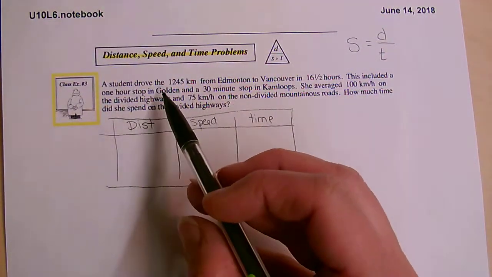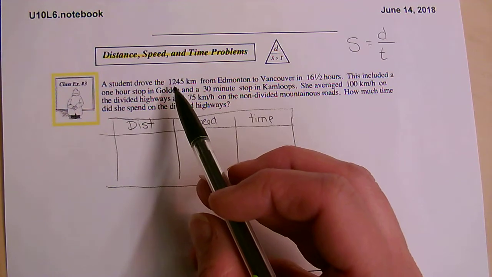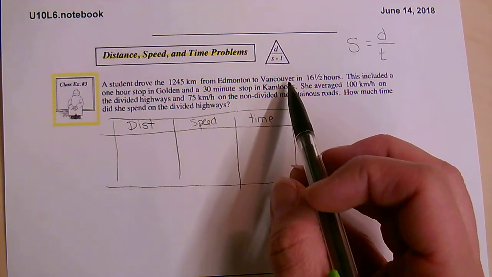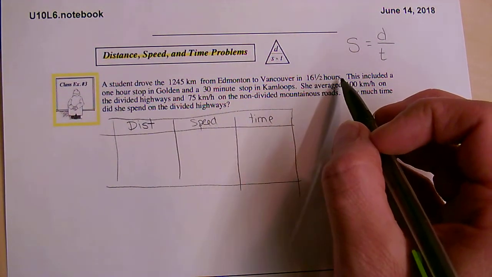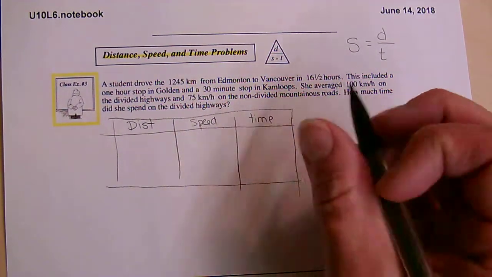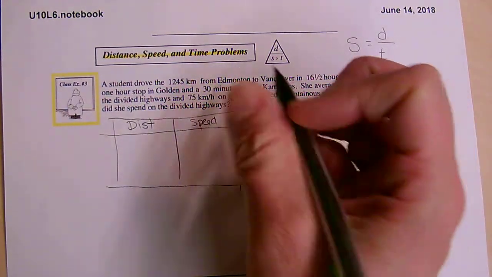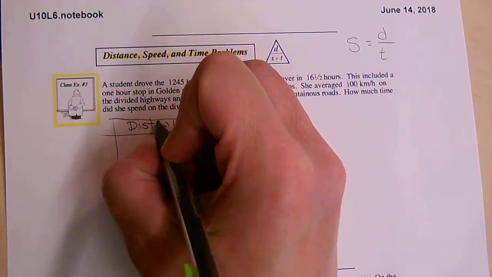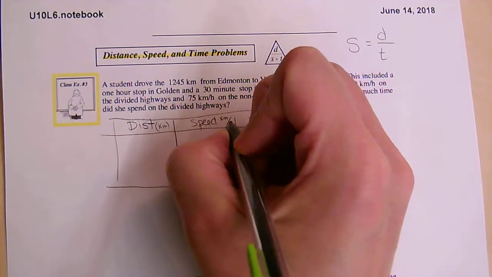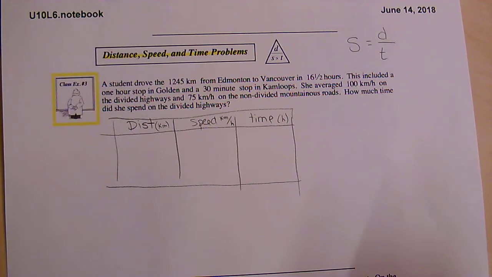Okay, so a student drove the 1,245 kilometers from Edmonton to Vancouver in 16.5 hours. Okay, so I've got kilometers and I've got hours, so I'm just going to pop those in. This is kilometers. My speed is going to be kilometers per hour then.